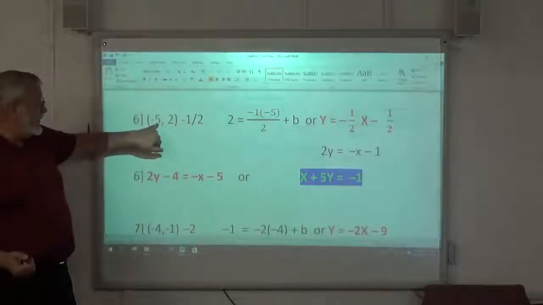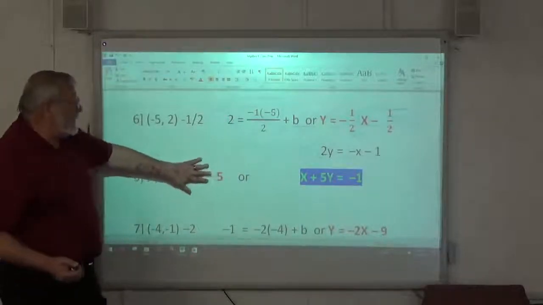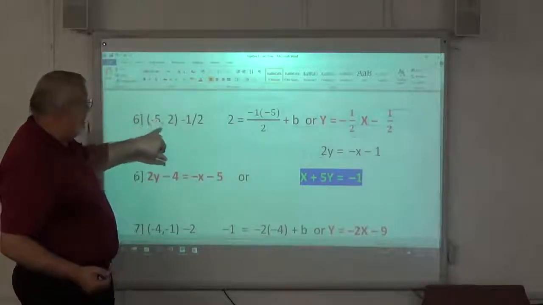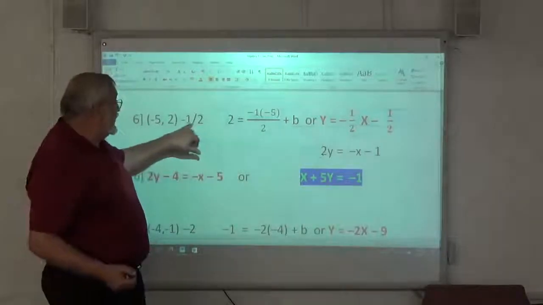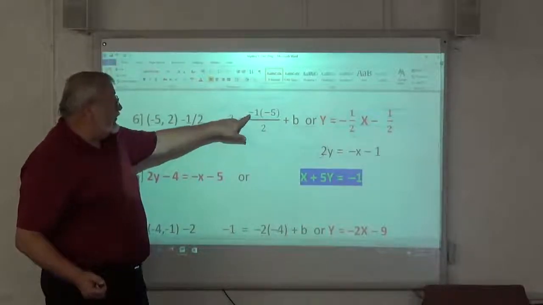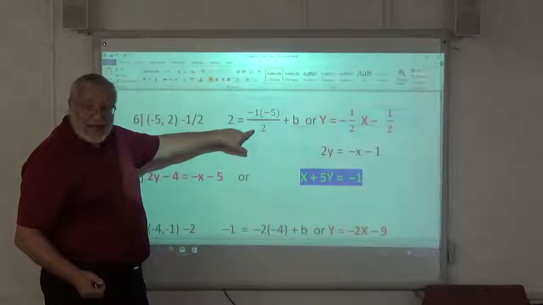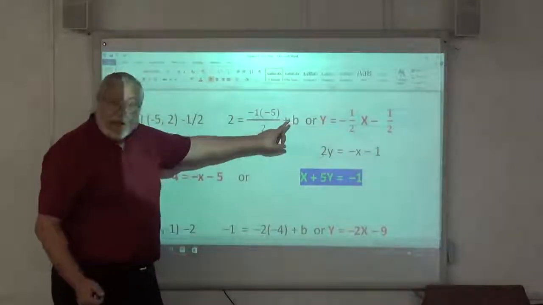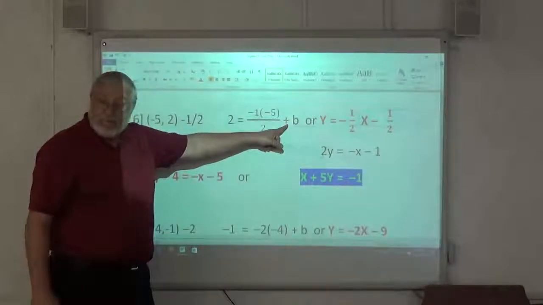With the slope of 1/2, we have 2 equals 1/2 times -5, that's this, plus the b, and then we can find the b, right?